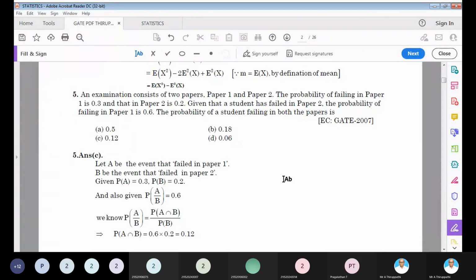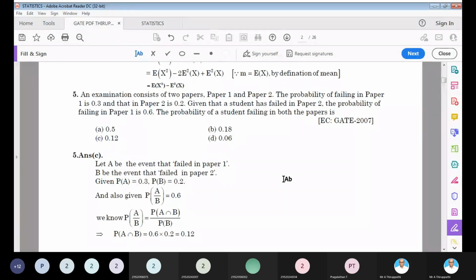Given that a student has failed in paper 2, the probability of failing in paper 1 is 0.6. See, this is what is given, a conditional probability. Now let us assume the events. Let A be the event that failed in paper 1, and let B be the event that failed in paper 2.